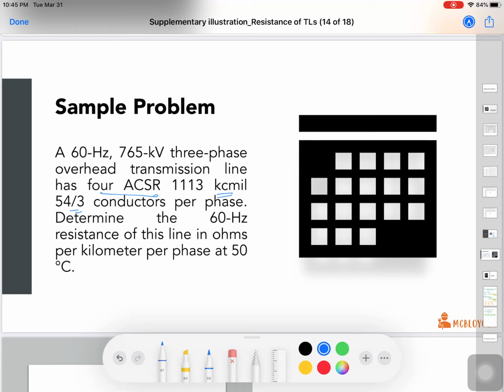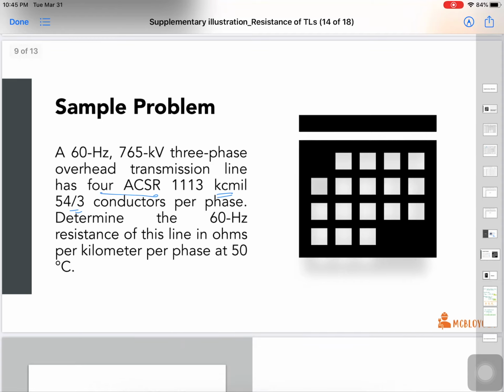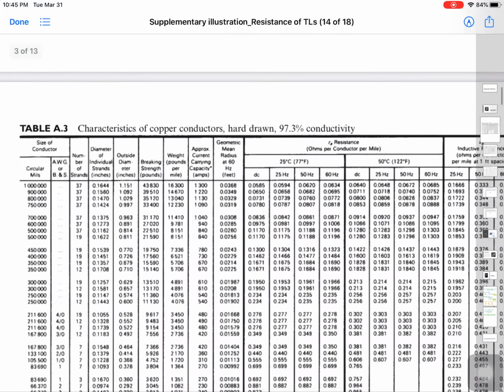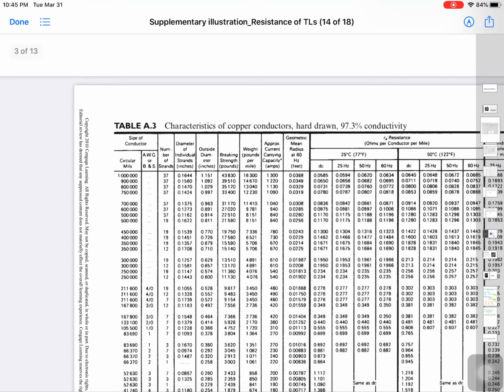Now, determine the 60 Hertz resistance of this line in ohms per kilometer per phase at 50 degrees Celsius. Okay? So, we have to go back to the table. Hanapin natin. Let us locate this ACSR 1113 kcmil 54 3. So, it's not here because this is copper.